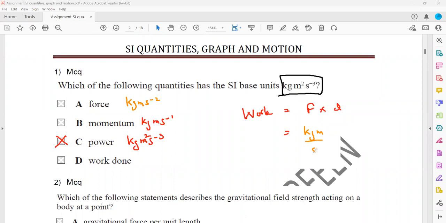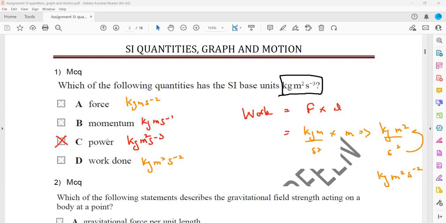Then distance is in meter. When we simplify, this turns out to be kilogram meter square by second square. The second square is in the denominator, so it will be multiplied on the other side, giving kilogram meter square second raised to power minus 2.